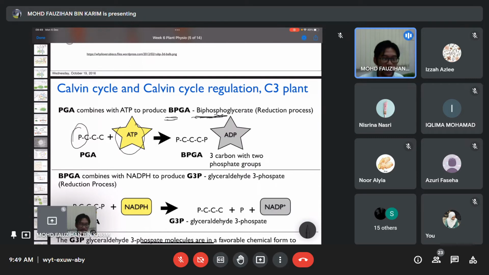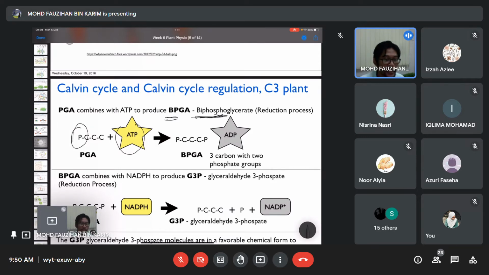Kalau saya nak tanya pun, saya akan bagi the fact. For example, saya tak akan bagi you tinggal, I will not give you to be thinking like, okay, BPGA ni apa? Saya akan give the fact, okay, the terms here. For example, if the molecule here is biphosphoglycerate, I will put biphosphoglycerate.